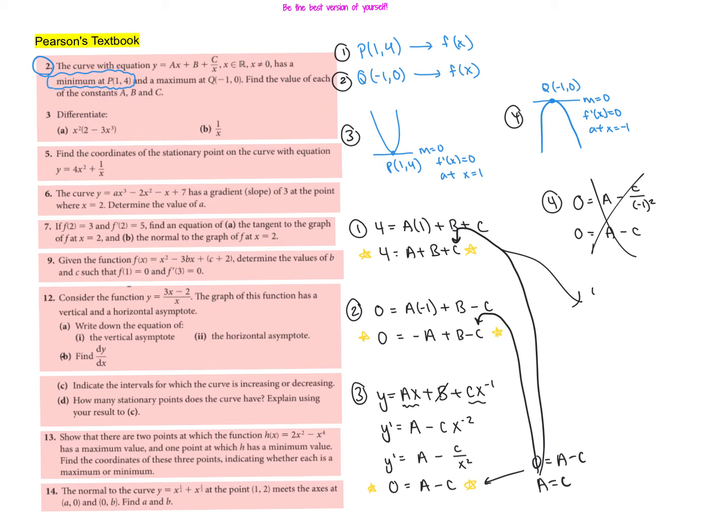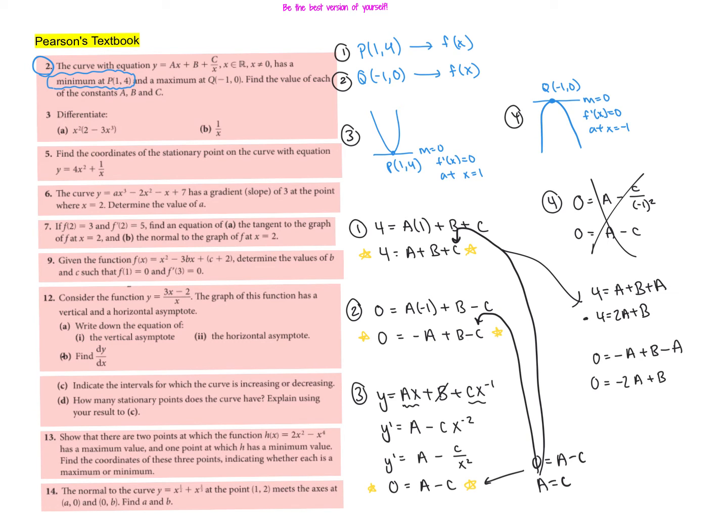In this one, I'll have 4 equals a plus b plus a, because a is c. So 4 equals 2a plus b. And in the second one, I have 0 equals -a plus b minus a, because a is c. So 0 equals -2a plus b.